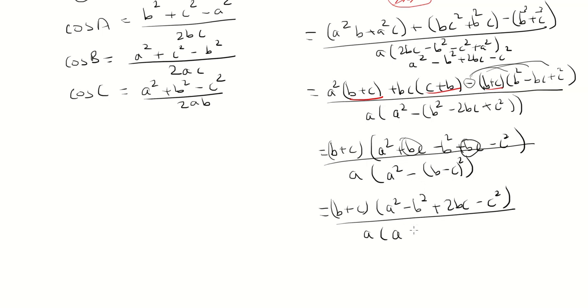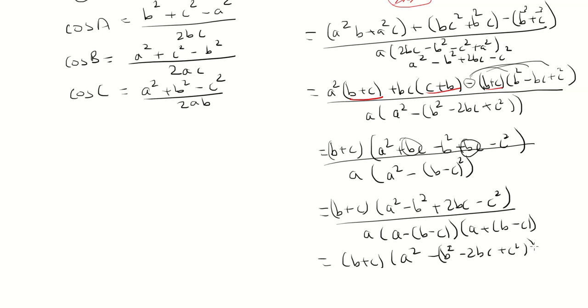This one you can factor out as a minus (b minus c) times a plus (b minus c). And the top, we can rearrange this as a squared minus quantity b squared minus 2bc plus c squared. And here you have a minus b plus c, a plus b minus c. You distribute the negative.